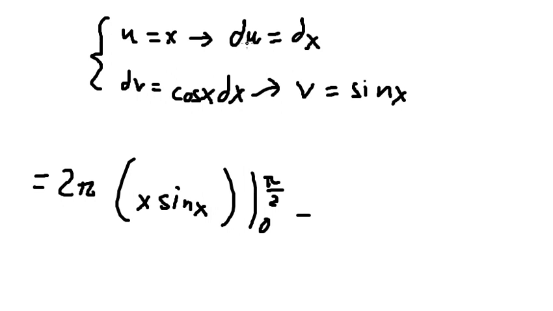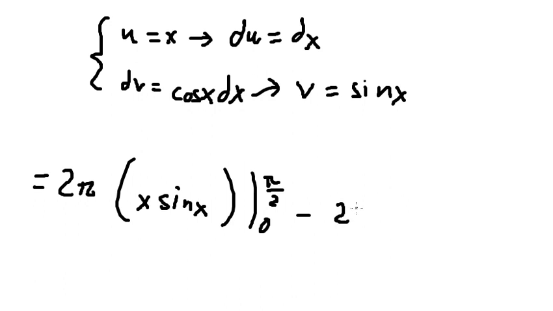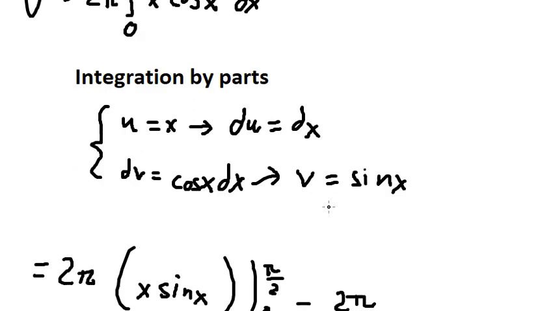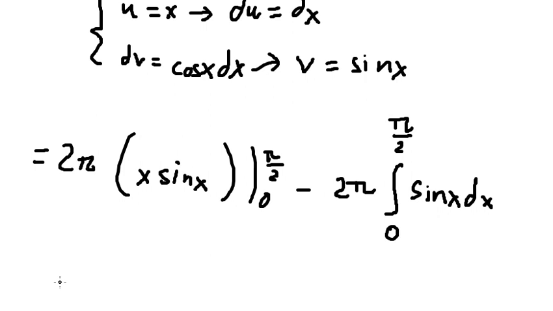Minus the integral of v du. Because we still have 2π in here, we put 2π out here. And now we have the integration from 0 to π/2 of sine x. The integration of negative sine x is positive cosine x.